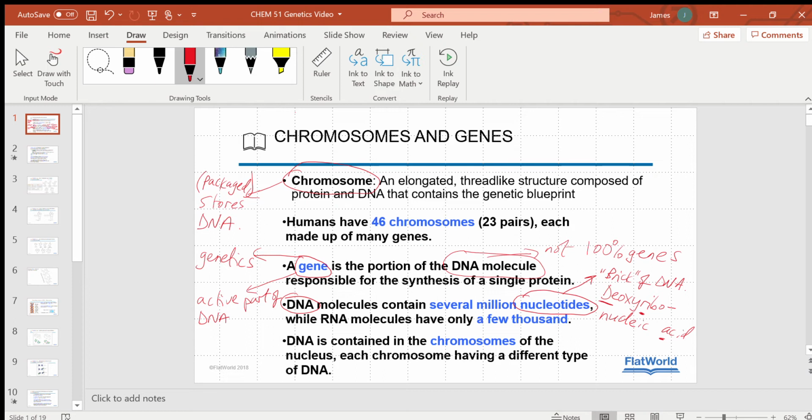There's another, not a building block of DNA, but a precursor to DNA. So let's say the ancestor of DNA called RNA. RNA is ribonucleic acid.